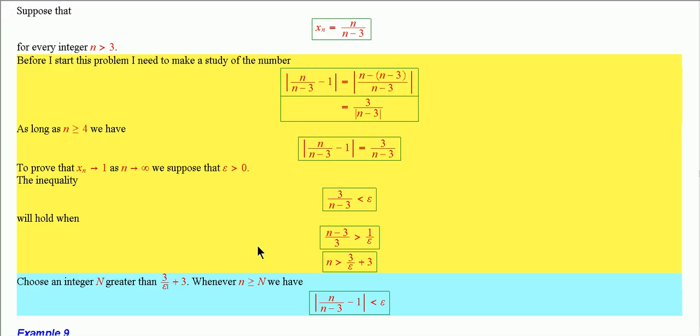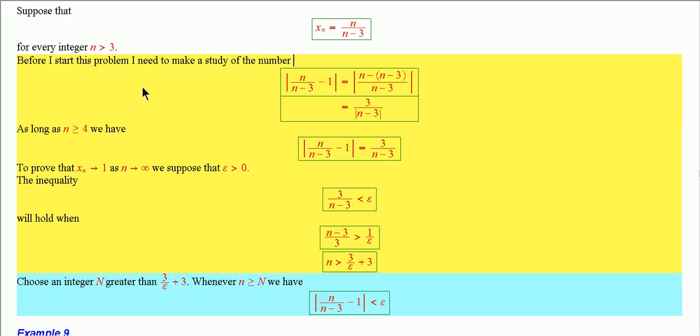As long as your integer is greater than this nasty number over here, the value 3 over n minus 3 will be less than epsilon. That's the distance between n over n minus 3 and 1 will be less than epsilon. So I've just proved that this inequality eventually holds for every n greater than or equal to the big N that I introduced over here.